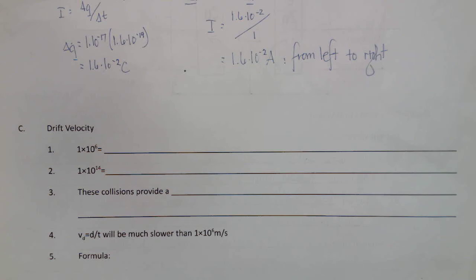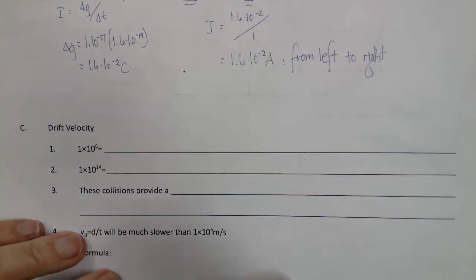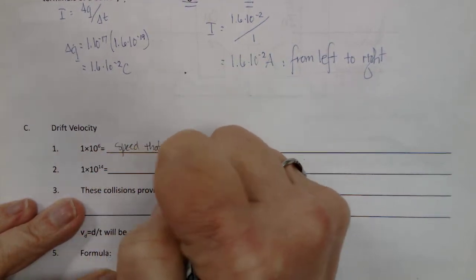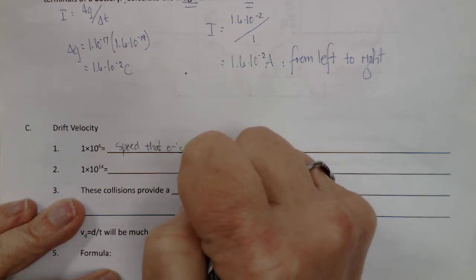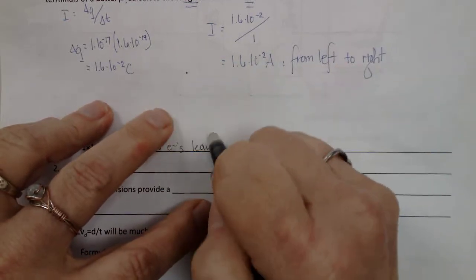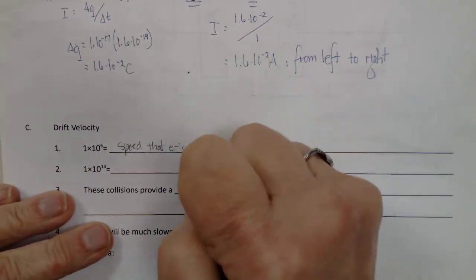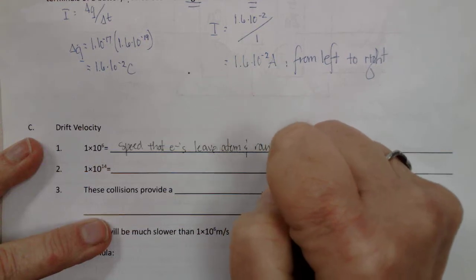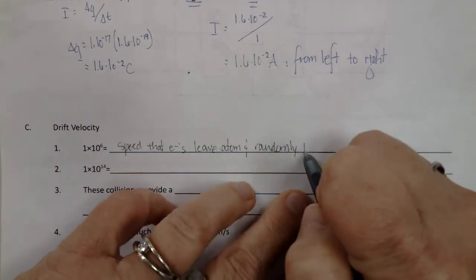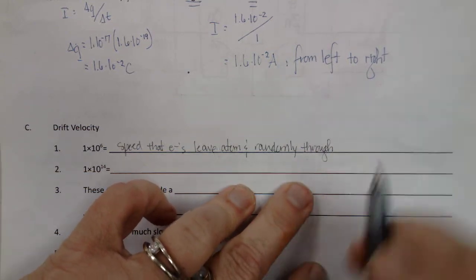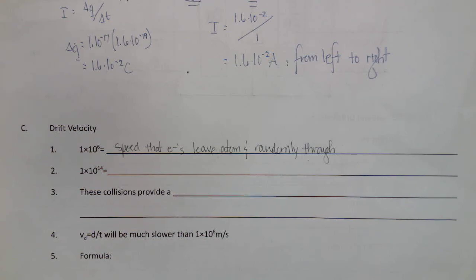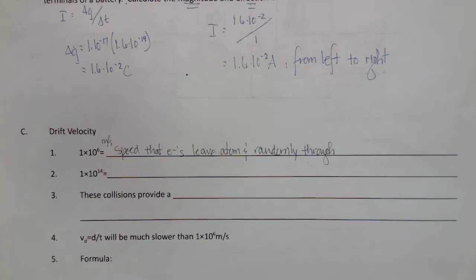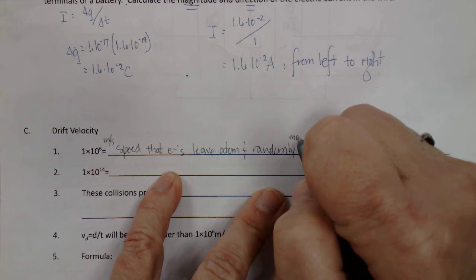Now I've got some numbers here for you to consider. 1 times 10 to the 6th meters per second is the speed that electrons leave the atom and randomly move through metal.